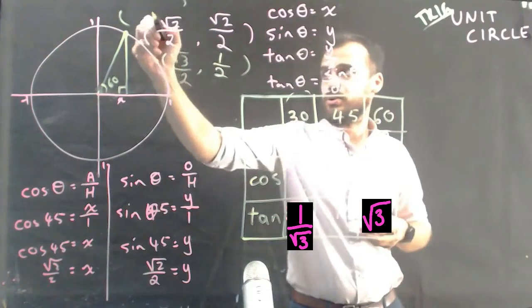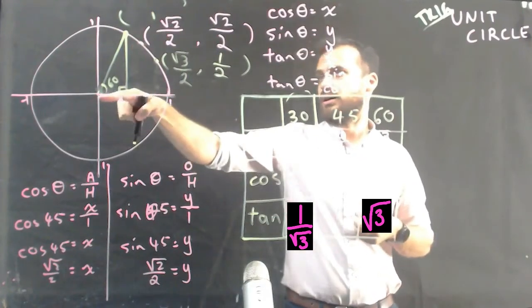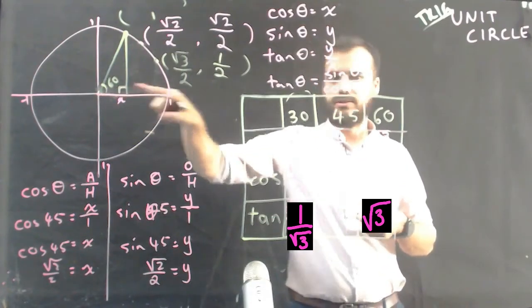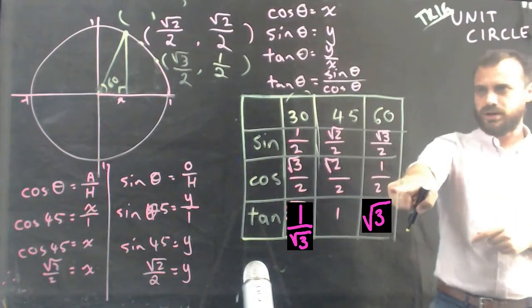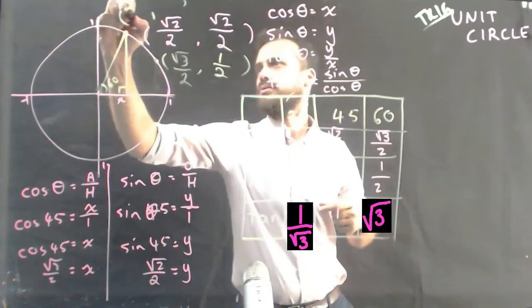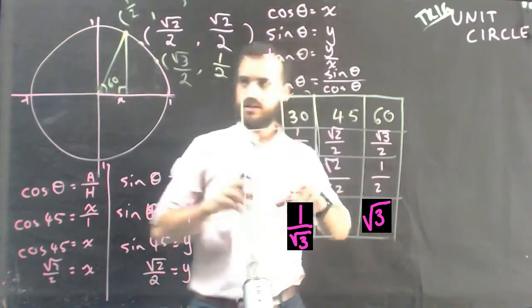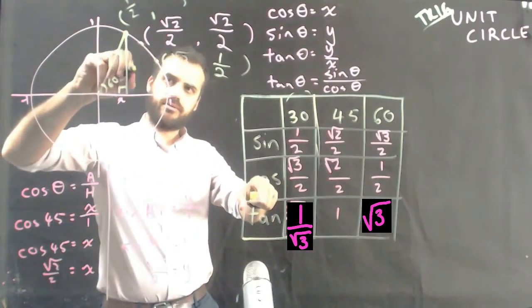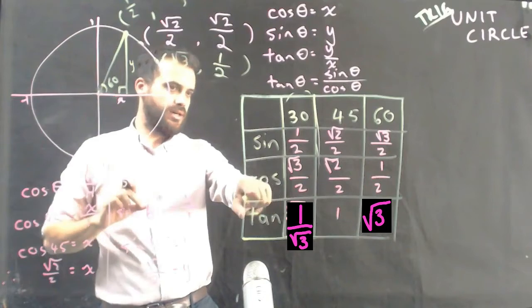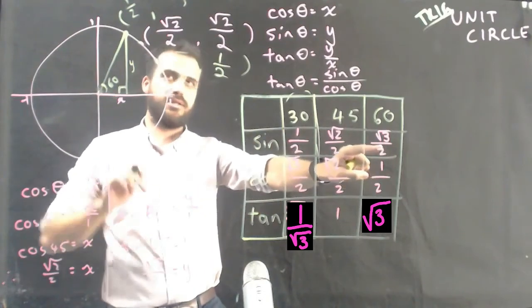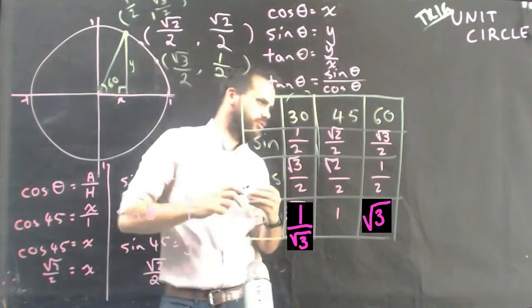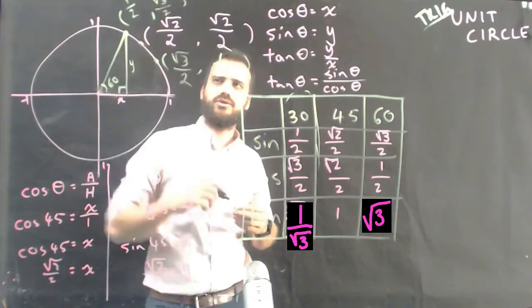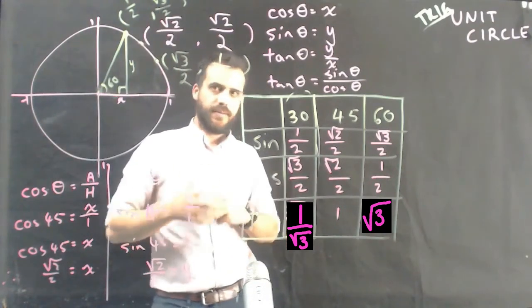So its x coordinate is going to be cos 60, 1/2. And its y coordinate, that length there, is going to be sine 60, root 3 on 2. Sorry, I've run out of space there.